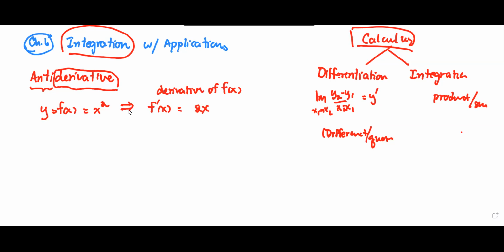For the antiderivative, we're going to do it backwards. So if you make this the notation, let's use the function as a function g. If g of x is 2x, we do backwards.